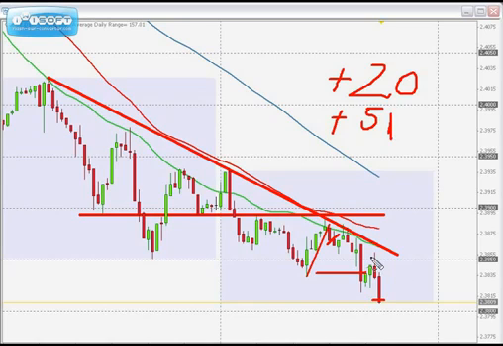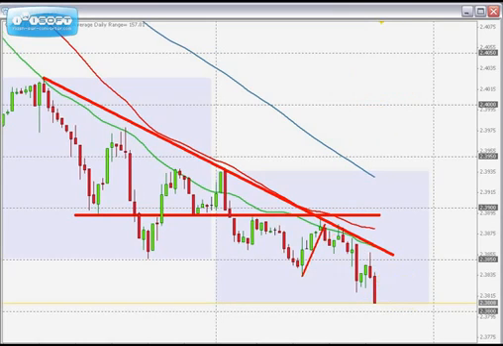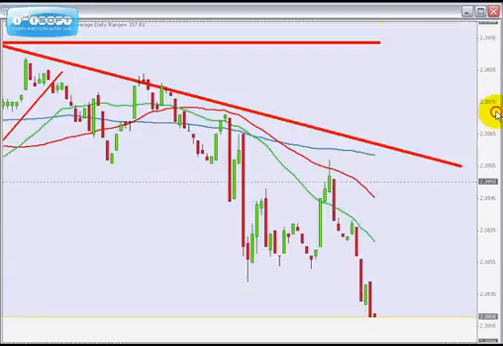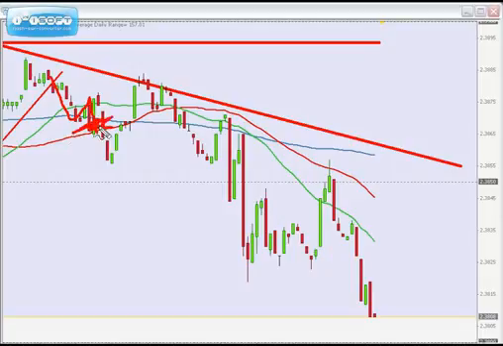A pretty stress-free trade. The entry was exactly right there. Somewhere around there is where I took half of it out, and I've just taken the second half out.